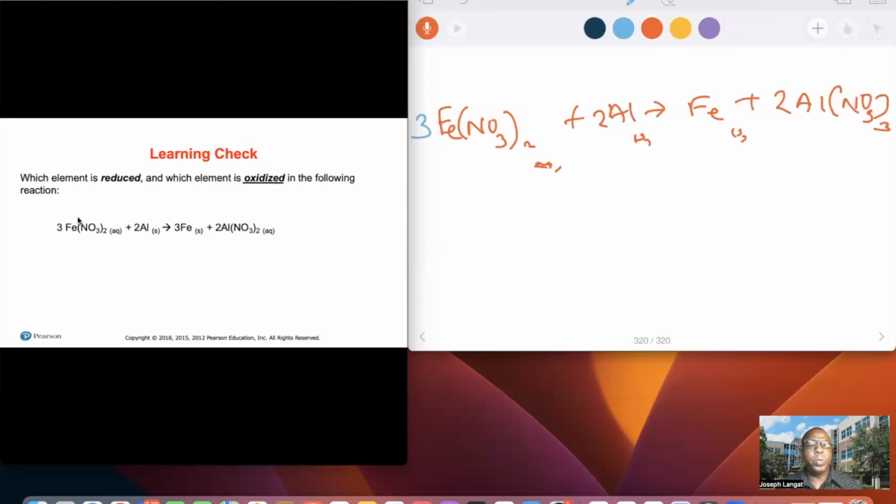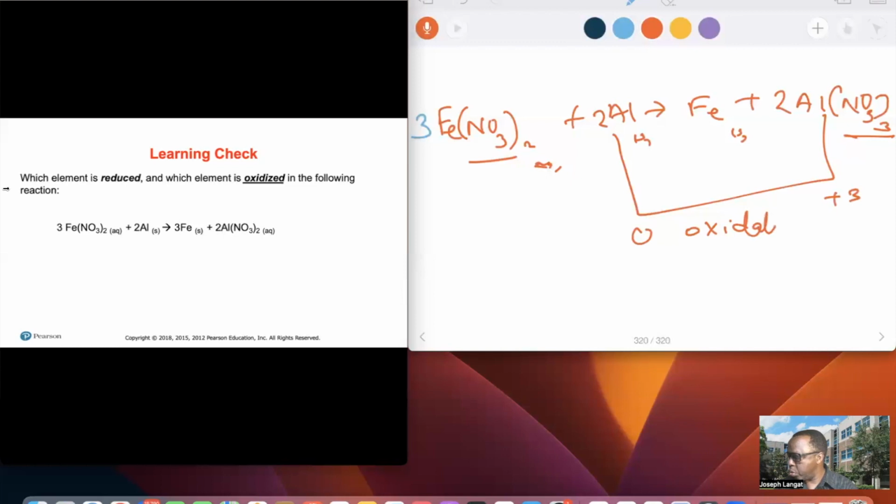So how do you know which element is reduced and which one is oxidized? It can't be on the reactant side alone; this is how you look at it. If something doesn't change, that means it is not going to participate. For example, here nitrate will be the same. But if I look at the oxidation state from here to here, this is 0 to plus 3, so this is oxidation.